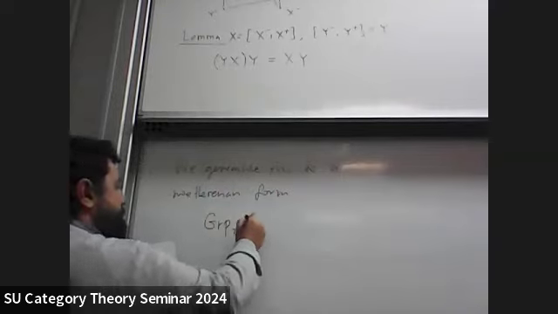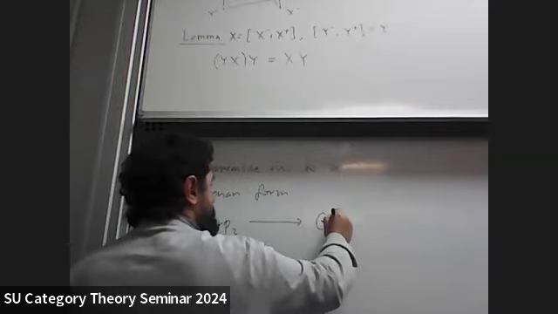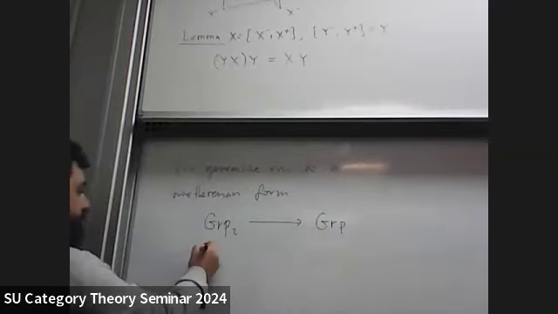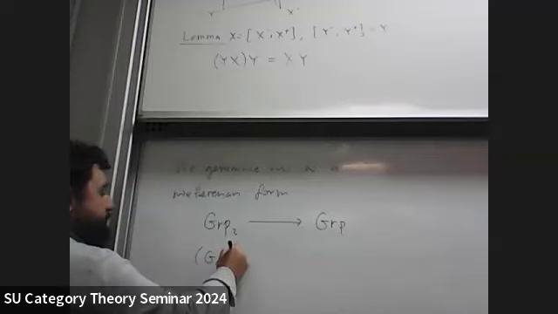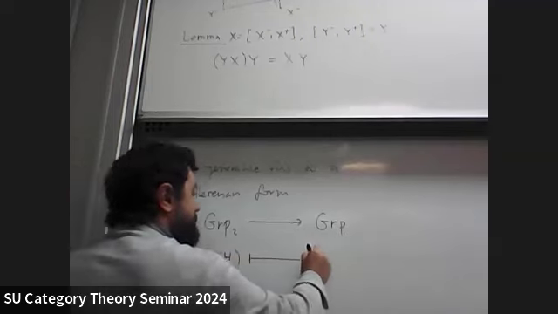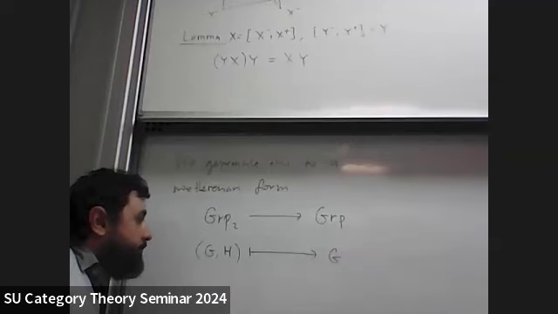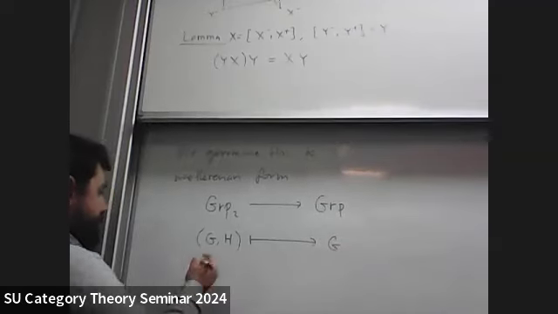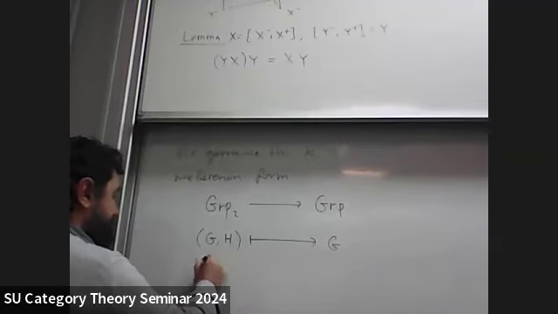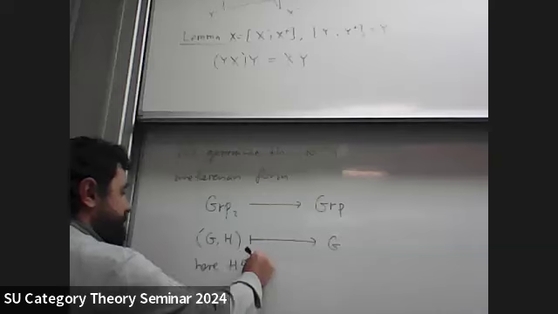So if you take pairs of groups, which is the category of pairs GH, where H is a subgroup of G, we can assign to this pair the group G. So here, H is a subgroup of G.